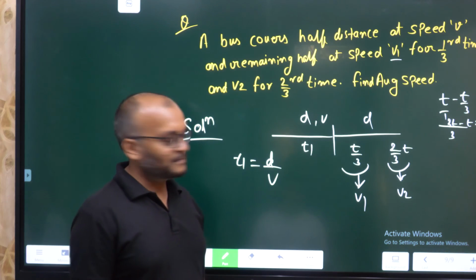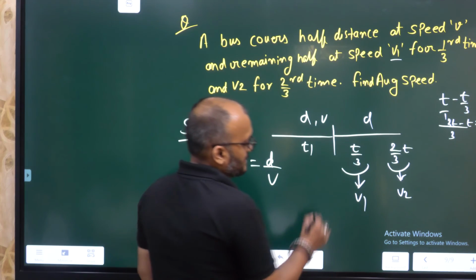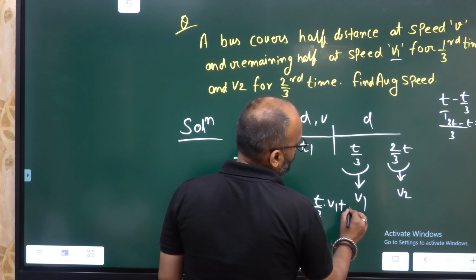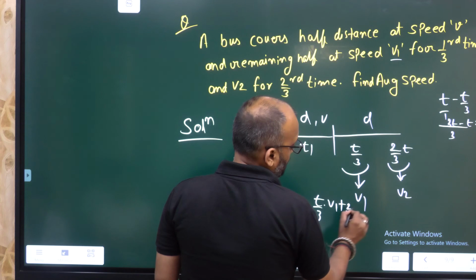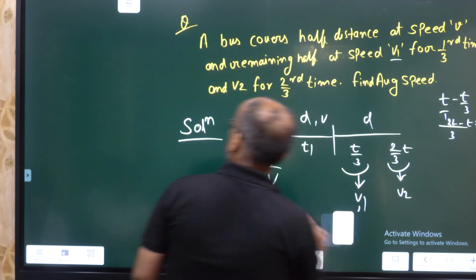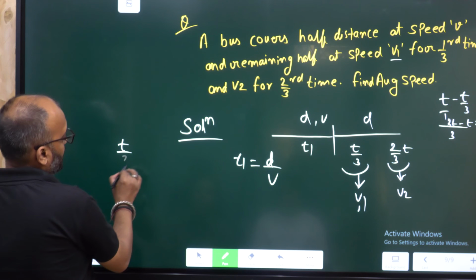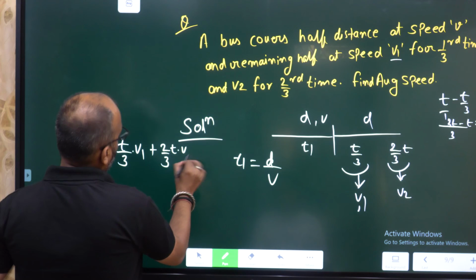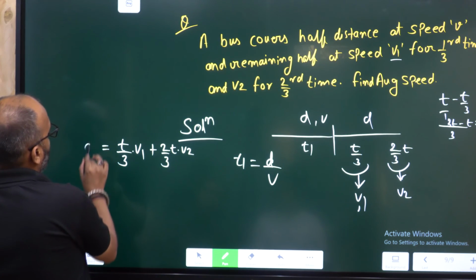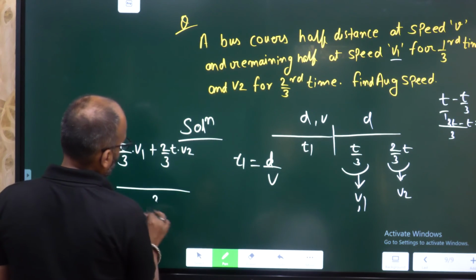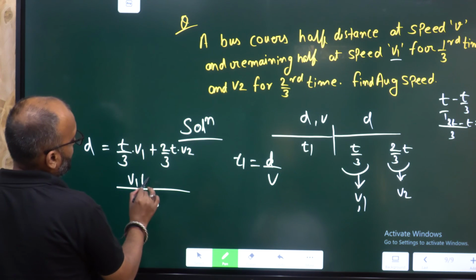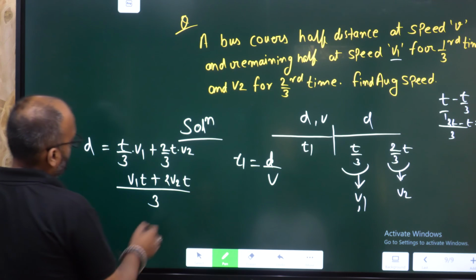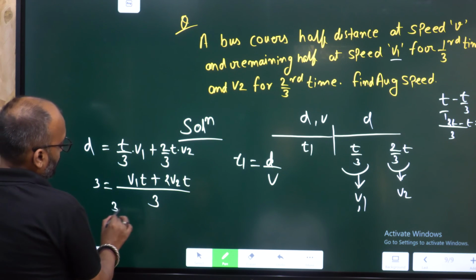Now I will find the distance. T upon 3 into V1 plus 2 upon 3 T into V2. Let me write it here. This will equal D. Take the LCM. V1T plus 2V2T is equal to 3D.